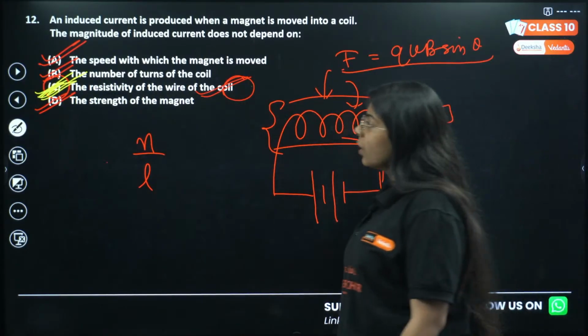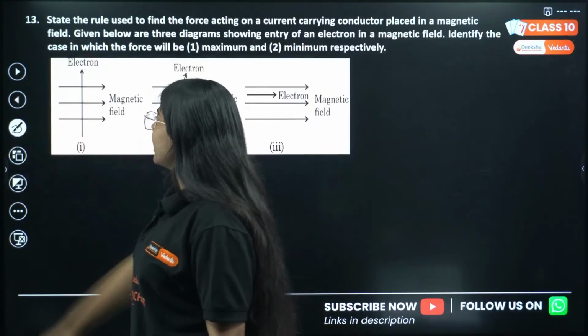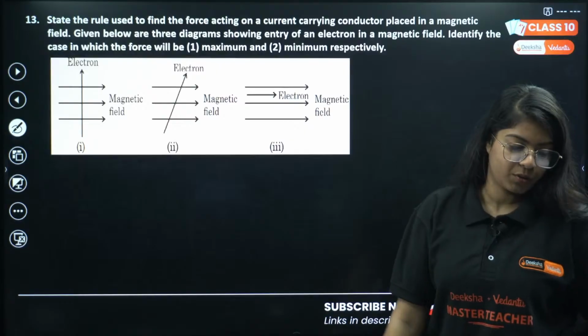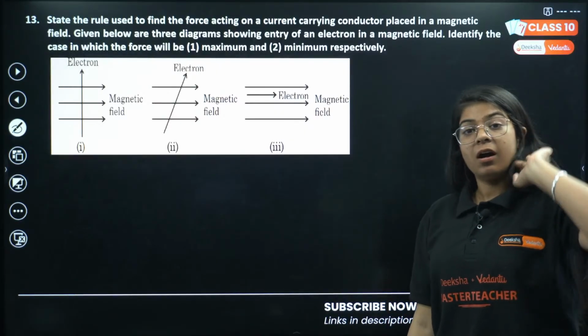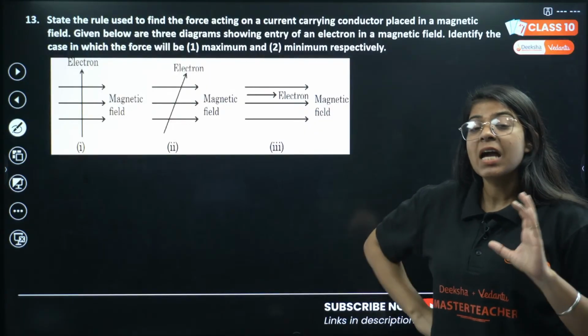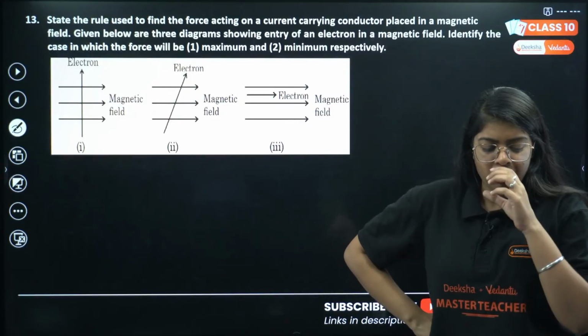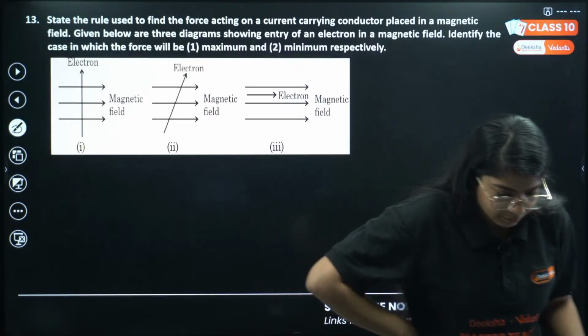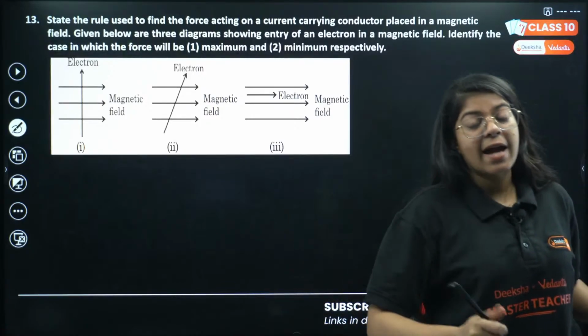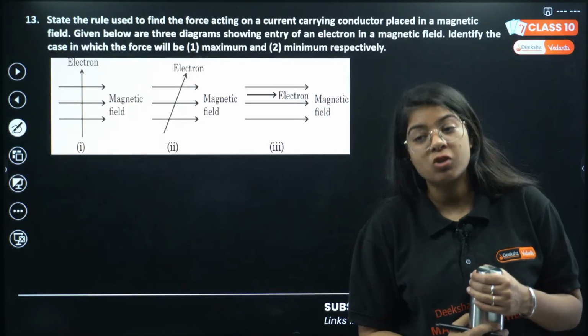Correct? Okay. 13th question, now this is a very, very, very important question. I have done this question before in almost all my lives. Why? Because this is very important. Yes, it's fine, Pankaj. We are actually asking on which it does not depend.